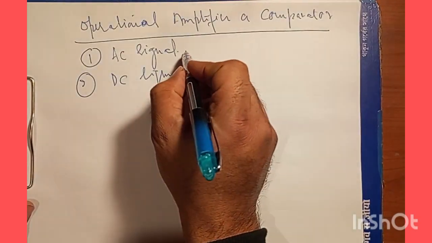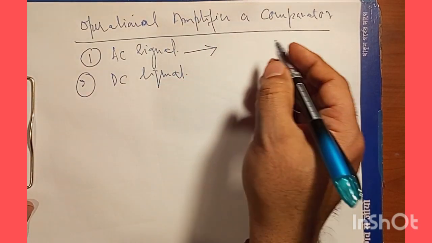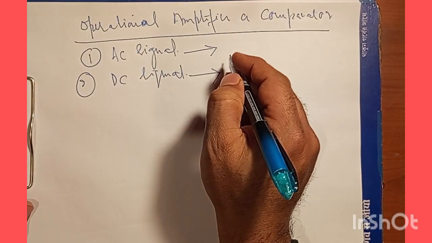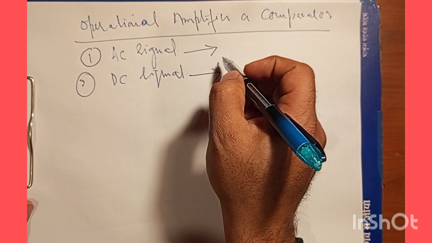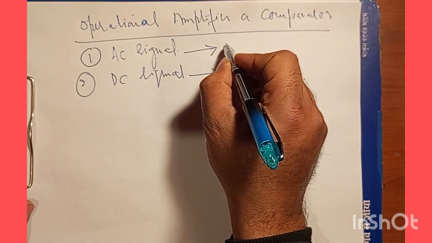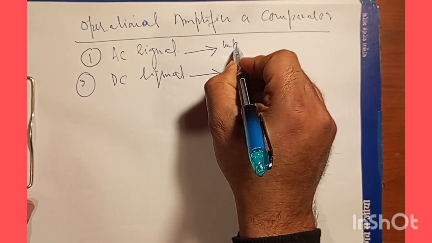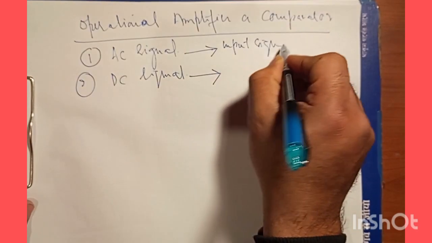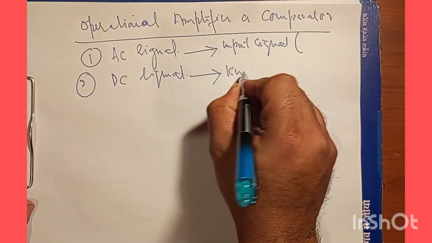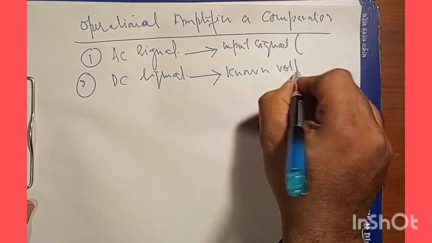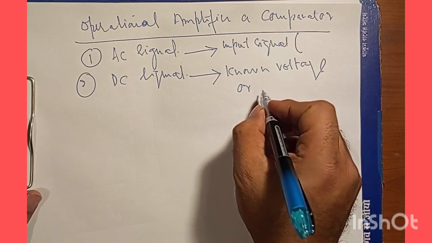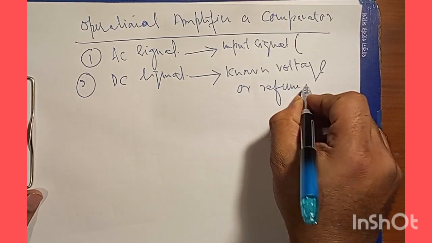Now, this AC signal is basically the input signal, and this DC signal is the known signal, the known voltage or reference voltage.